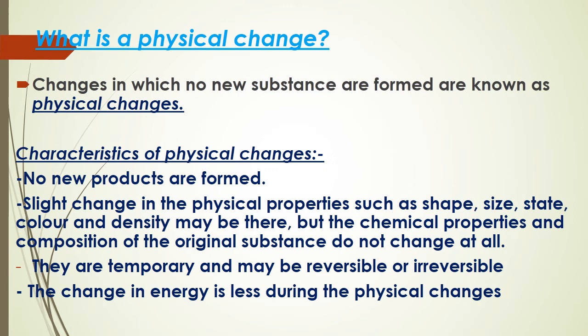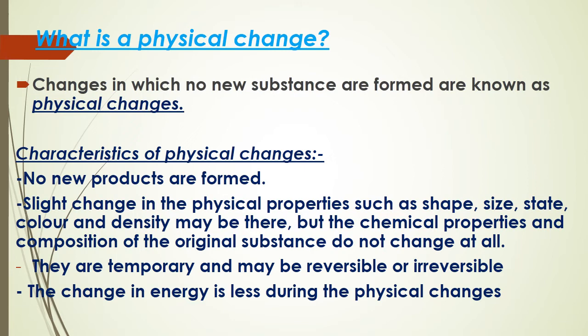So what is a physical change? Changes in which no new substance is formed are known as physical changes. Only the physical properties such as shape, size, state, color, density may change, but the chemical properties and the composition of the original substance do not change.